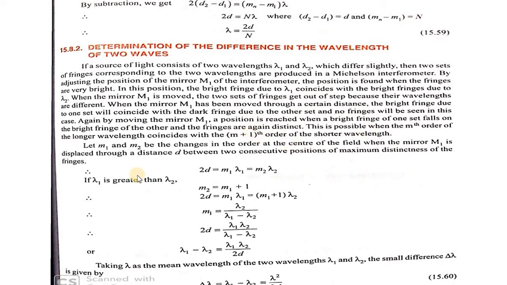Substituting, m1 is equal to lambda 2 divided by lambda 1 minus lambda 2. And m1 lambda 1 is equal to 2d, that is, 2d is equal to lambda 1 lambda 2 divided by lambda 1 minus lambda 2. From that, lambda 1 minus lambda 2 is equal to lambda 1 lambda 2 divided by 2d. So delta lambda is equal to lambda 1 lambda 2 divided by 2d. If lambda 1 is approximately equal to lambda 2, it will be lambda squared by 2d.